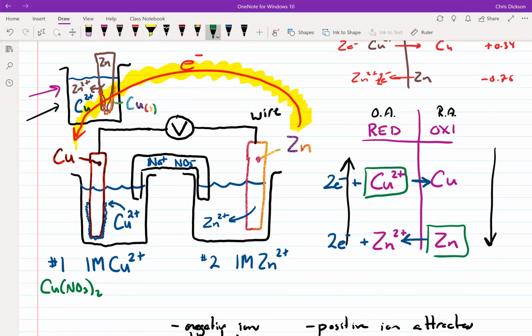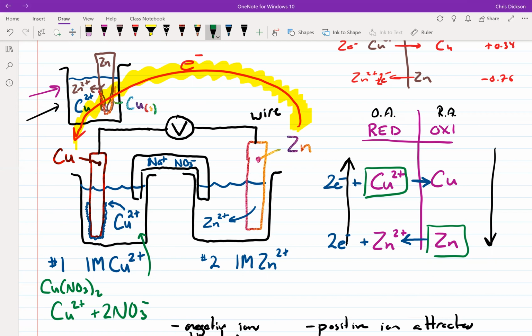So you'd have copper nitrate in solution. And what would be true about that beaker is before you do this experiment, you would have Cu2+ and two NO3- in there.